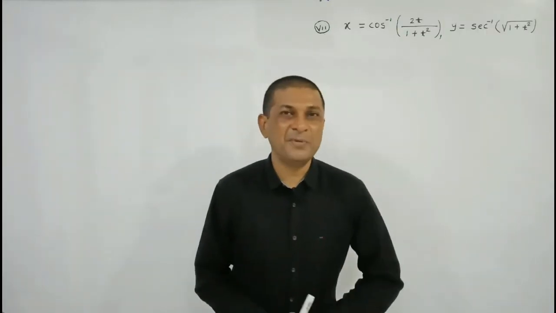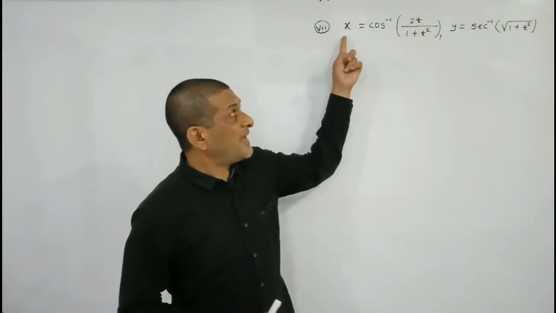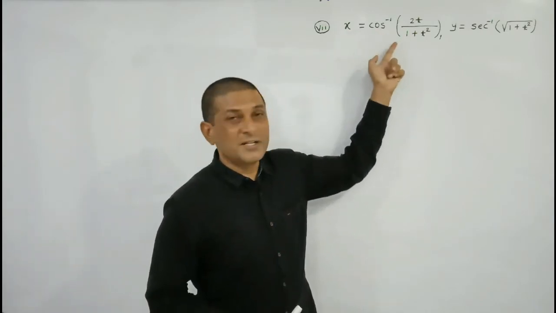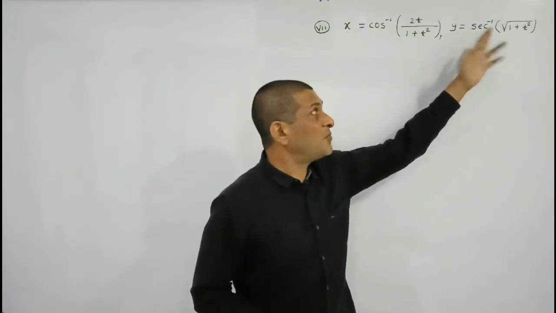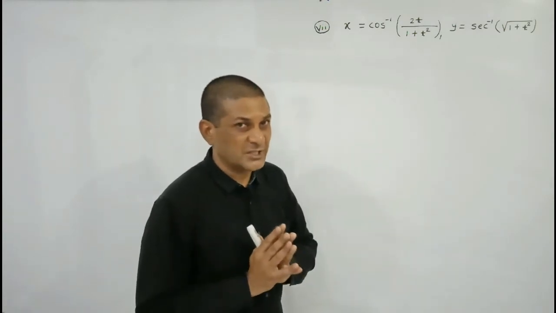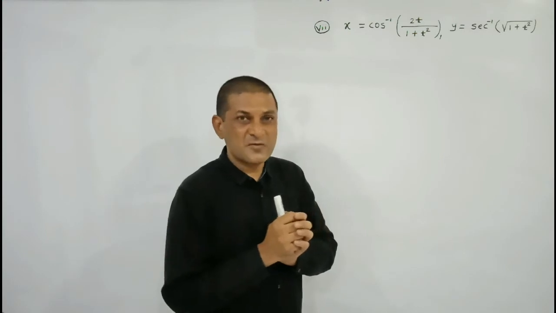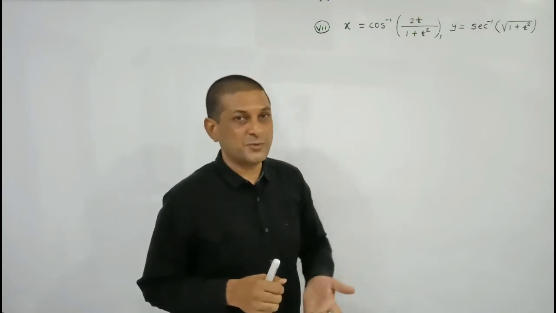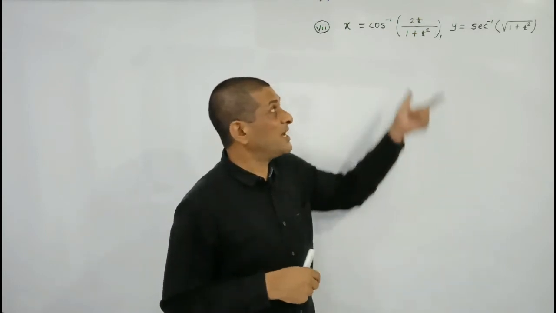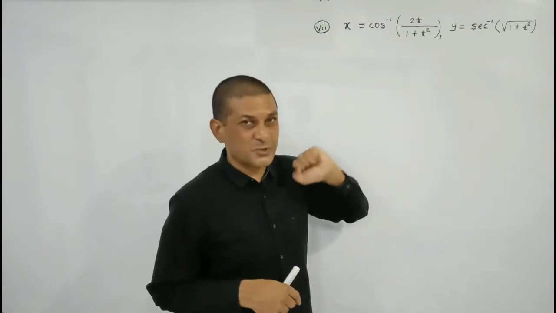Now see in the example number 7, value of x, if you observe here, is an inverse trigonometric function, and value of y is also an inverse trigonometric function. So whenever the function is an inverse trigonometric function, we have discussed 3-4 types. In one case, we have seen we are able to use the substitution method.